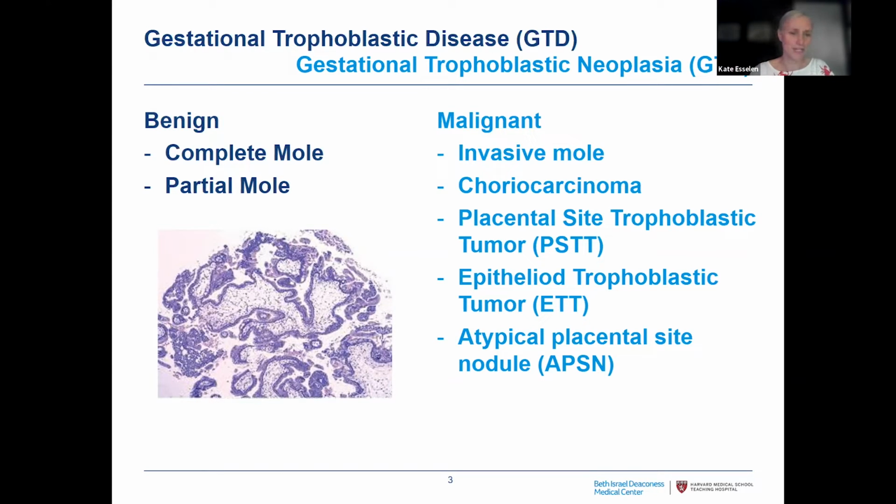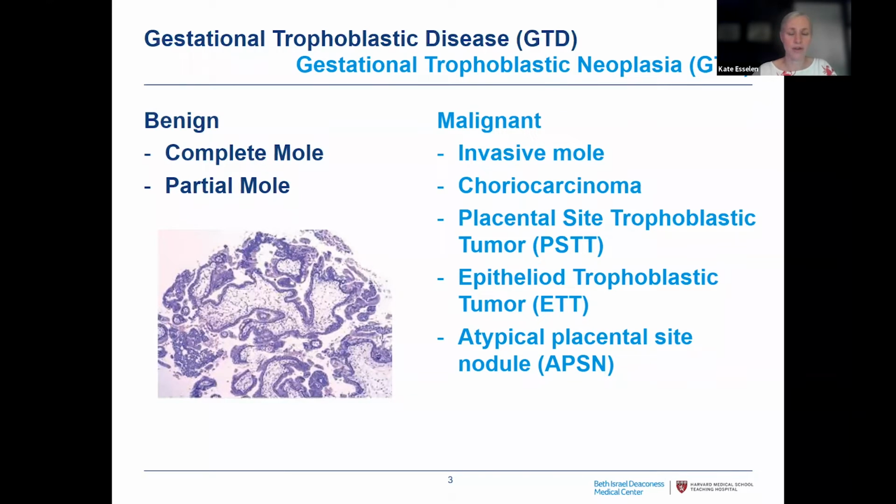Like any other tumor we talk about in GYN oncology, there are benign and malignant forms. The benign forms of GTD are a complete hydatidiform mole or a partial molar pregnancy. The malignant forms are gestational trophoblastic neoplasia, which can be of a variety of histologic subtypes: invasive mole, choriocarcinoma, placental site trophoblastic tumor or PSTT, epithelioid trophoblastic tumor, or, more recently, a categorization called atypical placental site nodule.